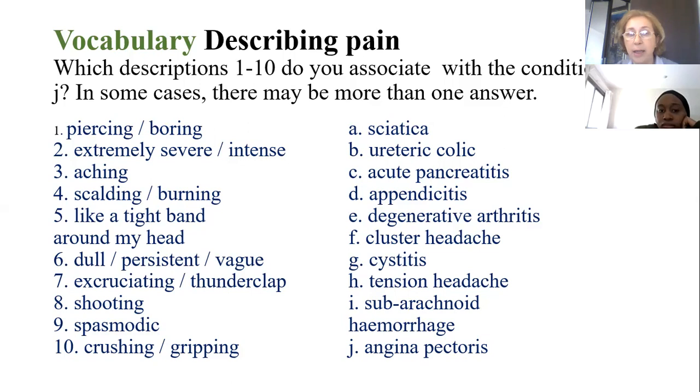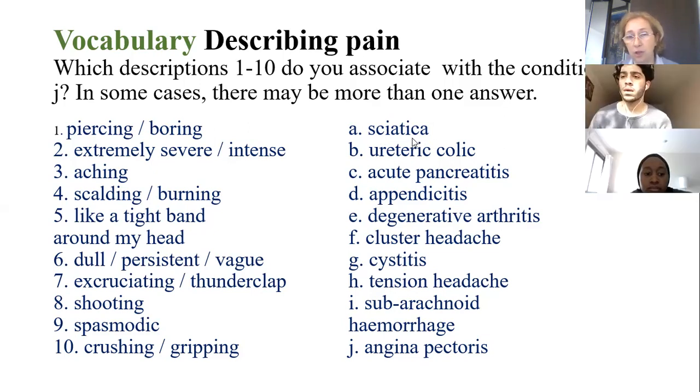This is condition A. If you don't know, please consult the dictionary. I think it's behind the thigh.